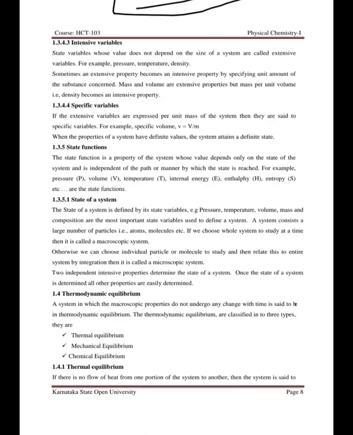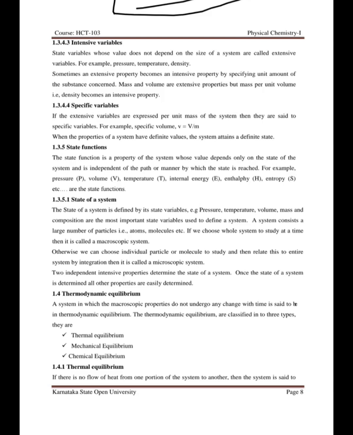And coming to the examples for extensive variables, the examples are mass and volume. So it definitely varies with the size of the system. As the size of the system varies, the mass and volume of the molecules also vary, whereas it does not reflect on the density of those molecules.